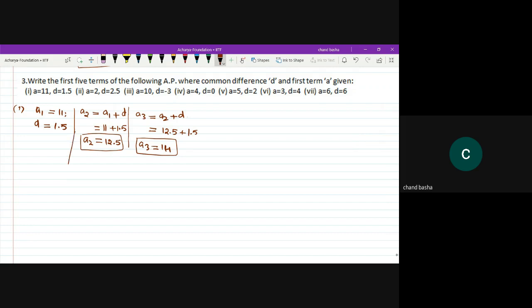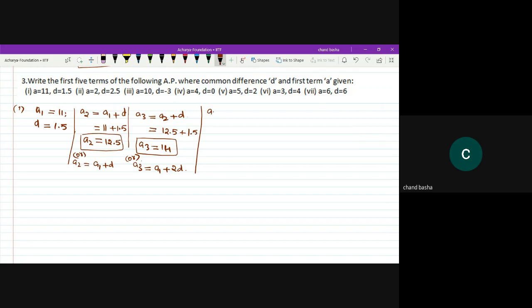Here you can write A2 is equal to A1 plus D. A3 is equal to A1 plus 2D. Both the formulas I have written in the introduction. Or if you want, you can make use of this formula also.